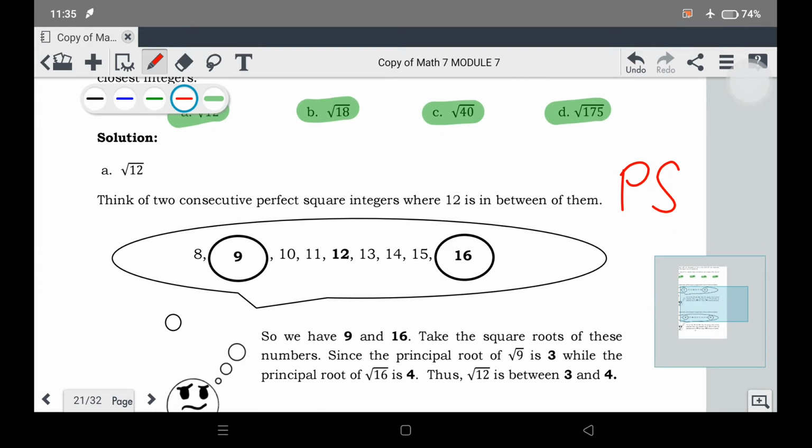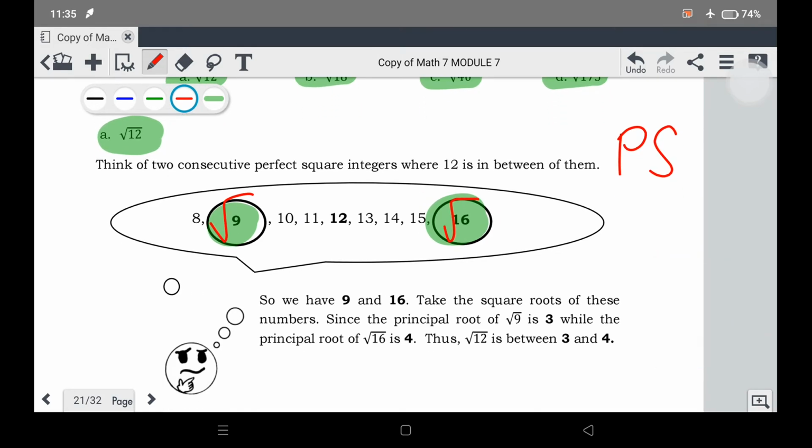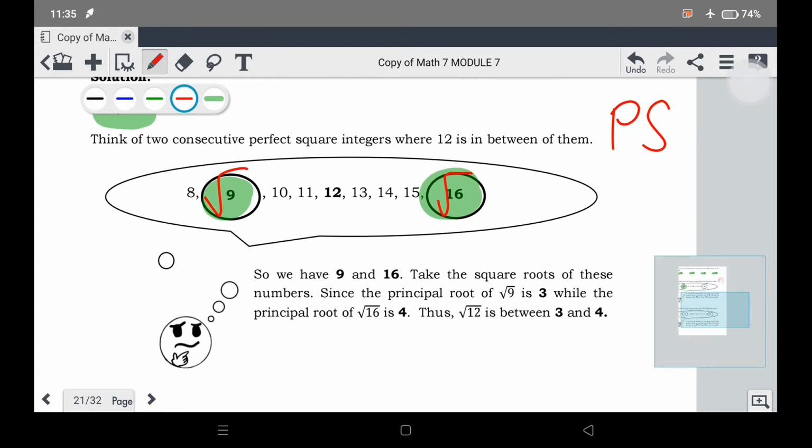So first you have the square root of 12. Between what two perfect squares? So you count: 12, 13, 14, 15, 16. So the square root of 12 lies between 9 and 16, and you have to take the square root of those two numbers to get the perfect squares. Thus, the square root of 12 lies between 3 and 4.